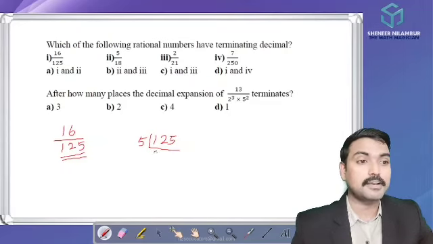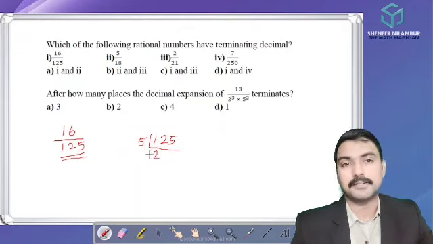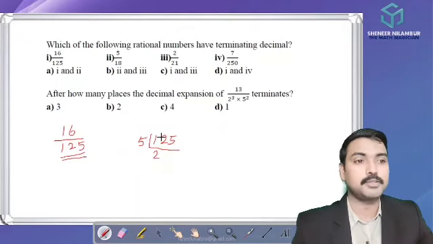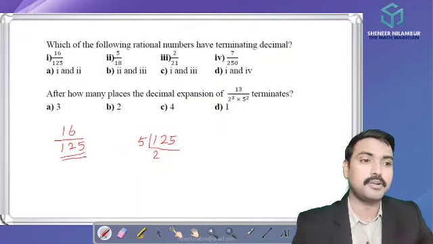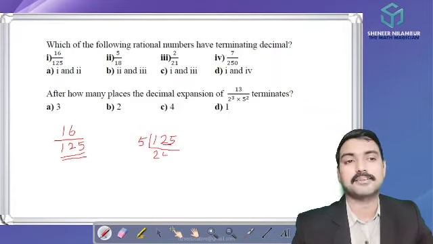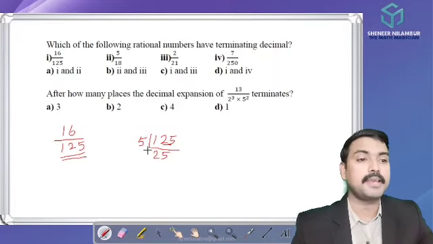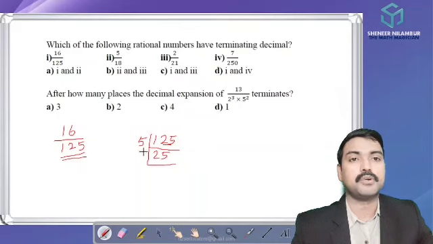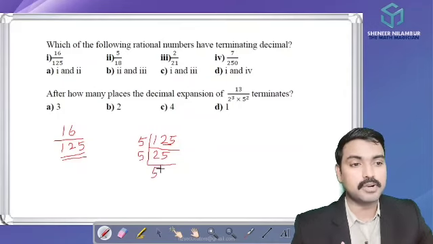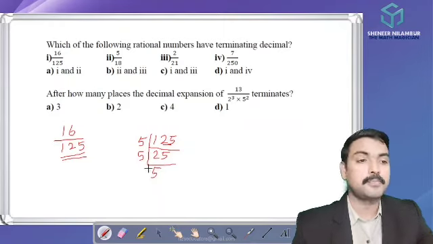5 comes here, it can be factorized by 5. In 12, 2 5's are 10, and the balance 2 will be there. That 2 and 5 we read as 25. How many 5's are there? 5 5's are 25. Again we factorize this 25 and get 5 5's. So my dear students, this 125 has the factor 5 alone.